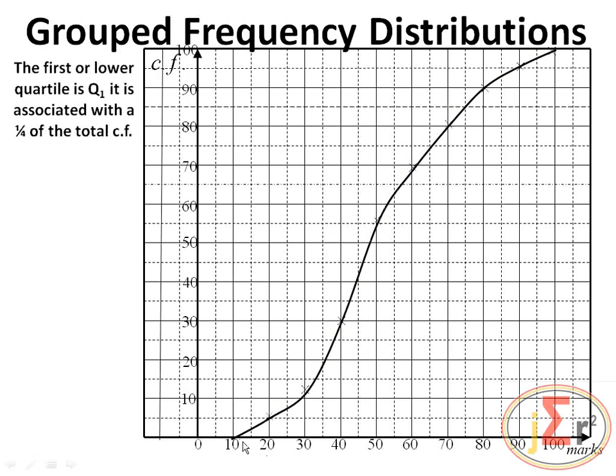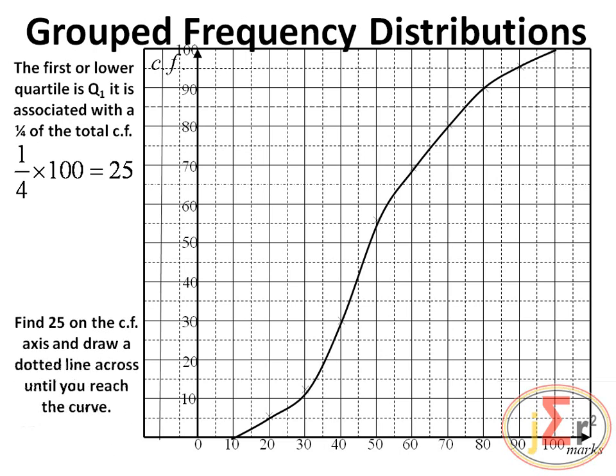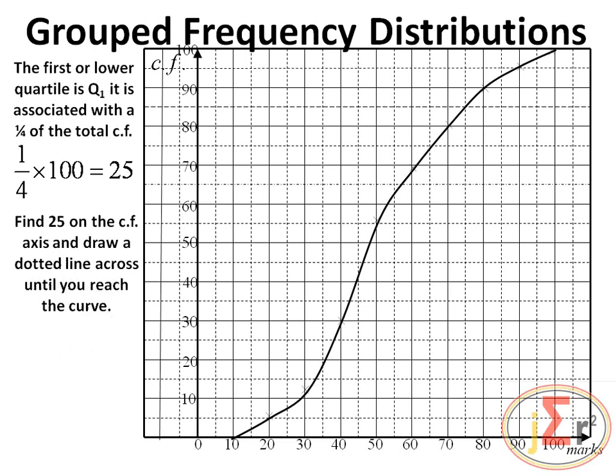Of course, we are using our cumulative frequency curve to do some necessary calculations. The first, our lower quartile, is Q1. It is associated with a quarter of the total cumulative frequency. A quarter of 100 is 25, so we find 25 on the cumulative frequency axis and draw a dotted line across until we reach the curve, like that.